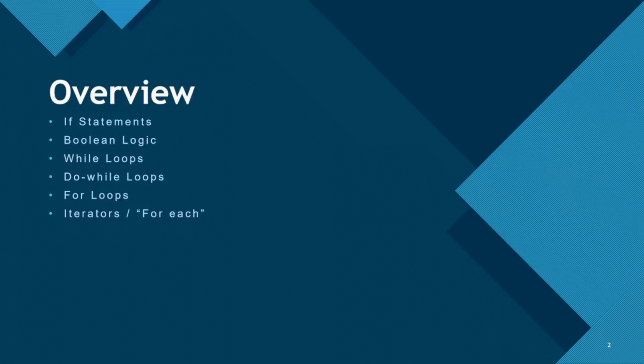What we're going to do today is talk about how we can change that flow and why we might want to. So this is going to be things like if statements, which is if this condition, do this thing. And you can also add if it's not that condition, do this other thing. So an if-else statement. We're going to talk about some boolean logic.